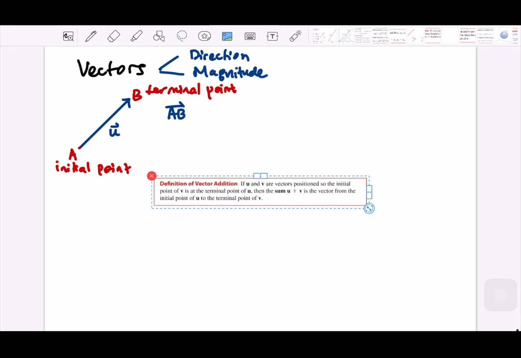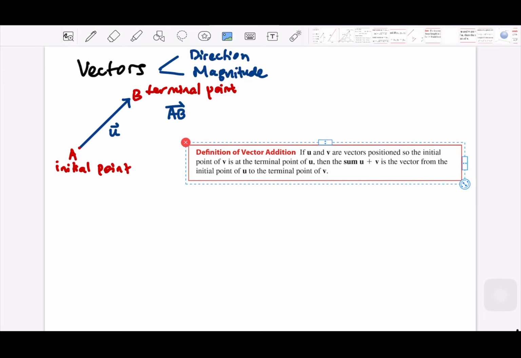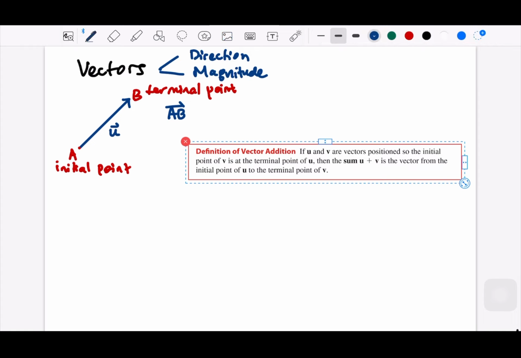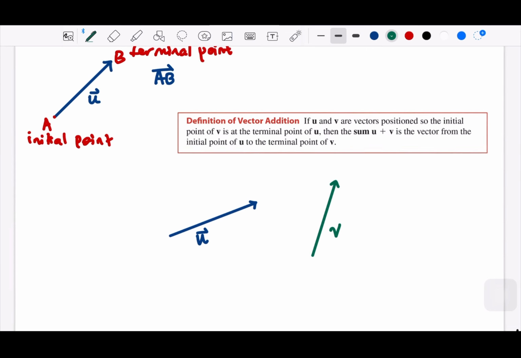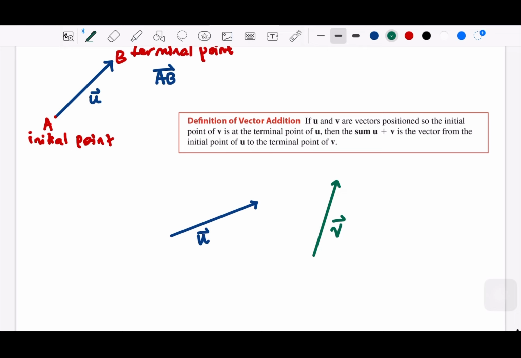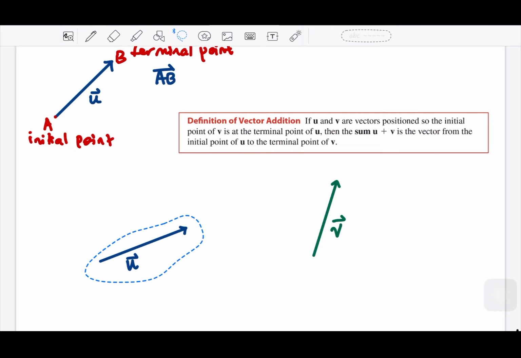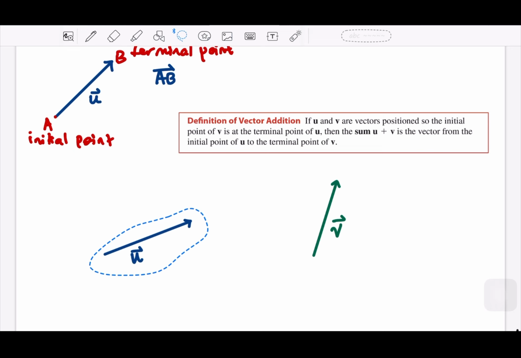Okay, so we start with vector addition. The definition is, we are going to add vectors that have direction and also magnitude. For example, we have u and v, and we want to add them to get u plus v. First, we can move these vectors around as long as we are not changing the directions.